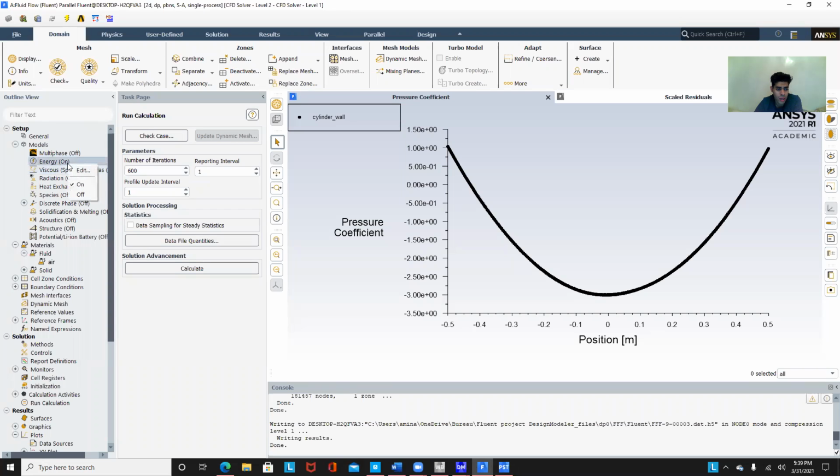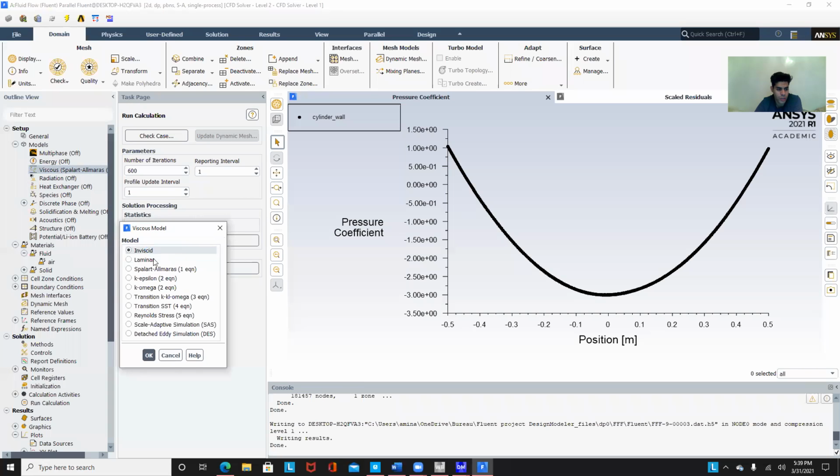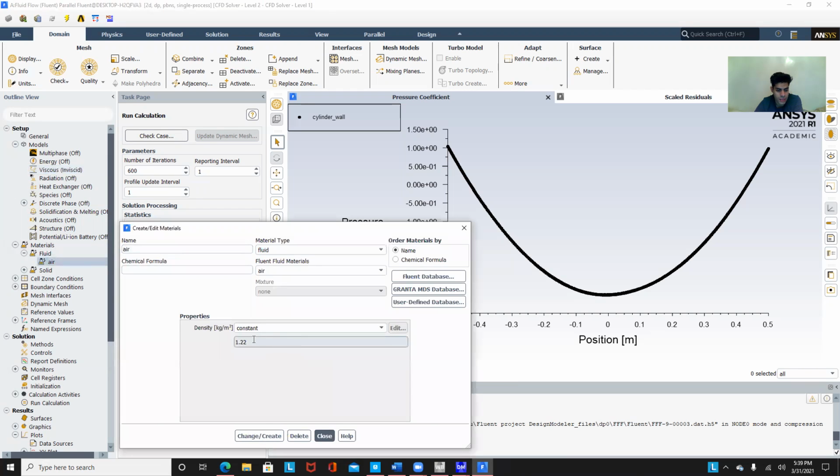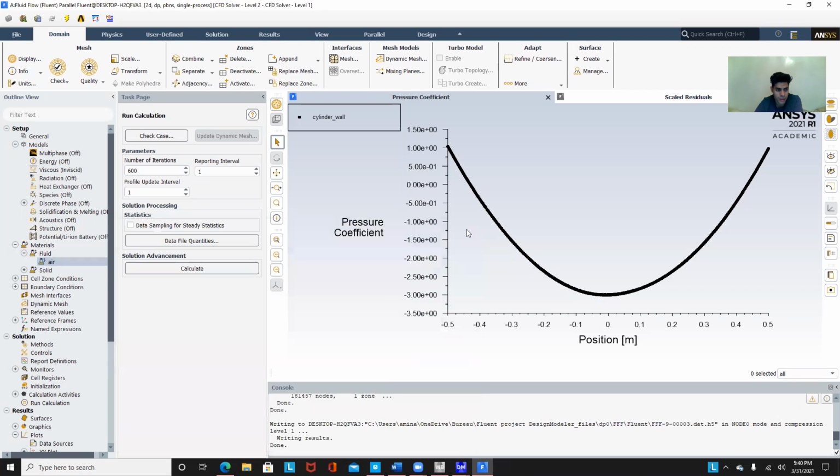I did turn off my energy, right? I also went over here to change it to inviscid flow. Clicked OK. For my fluid, we can see it's gonna have the same density, right? So same density is applied.